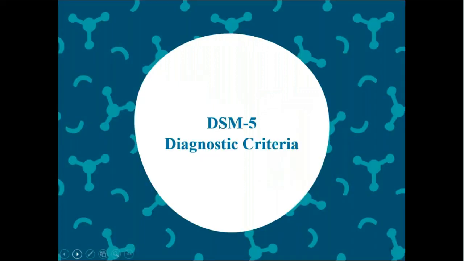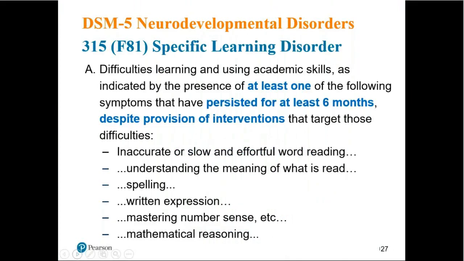Now, most of you are probably fairly well up to date with the DSM-5 diagnostic criteria, but for those of you who aren't, let's have a quick look at what they are. These have been taken directly from the manual and cut down, so please do refer back to the actual DSM-5 for further information. The first thing you'll notice is that the specific learning disorder category now sits under neurodevelopmental disorders.